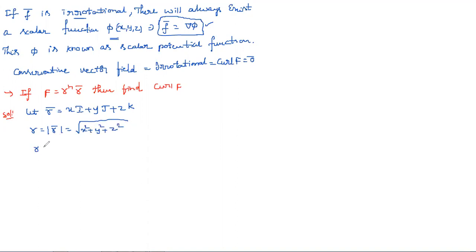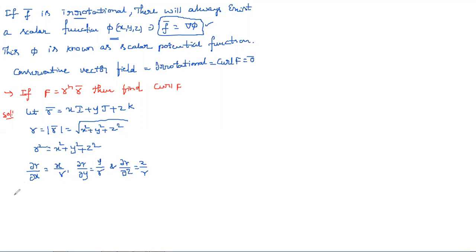Squaring both sides, we get r square is equal to x square plus y square plus z square. By applying partial derivatives with respect to x, y, z, we got dou r by dou x is x by r, dou r by dou y is y by r, and dou r by dou z is z by r. This we already know.